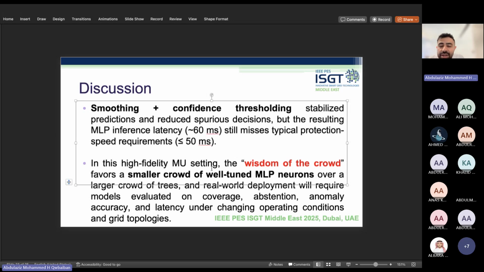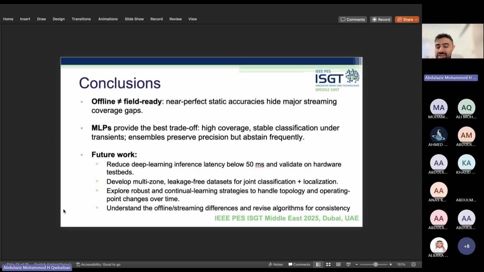In the high fidelity merging unit system, the wisdom of the crowd favors a small crowd of well-tuned MLP neurons over a larger crowd of trees. A real world deployment will require models evaluated on coverage, abstention, anomaly accuracy, and latency under changing operating conditions and grid topologies. What is the conclusion? Two major things to worry about. The offline is different from field ready.